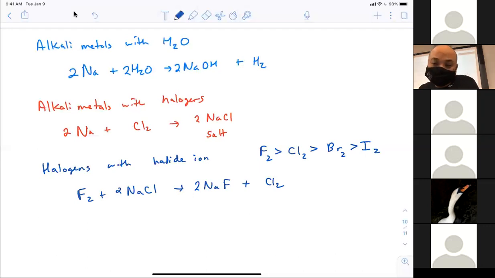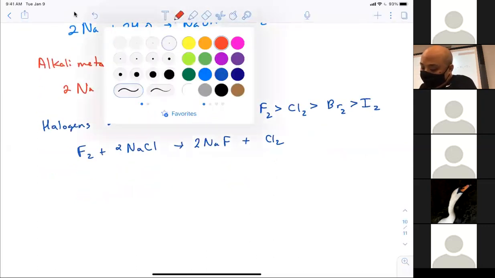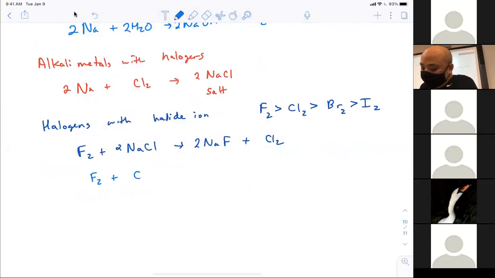So fluorine will replace everything, but iodine will replace nothing. And you could also write this as F2 plus Cl minus yields F minus plus Cl2, because effectively that's all it's changing. The Na is actually not changing. So the IB could write it either way for that type of reaction.